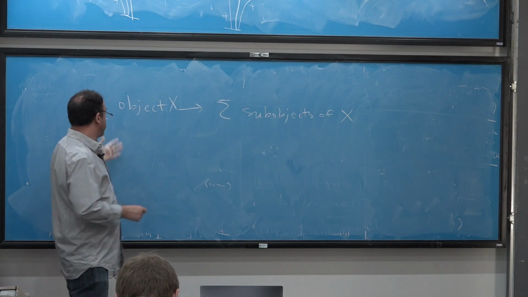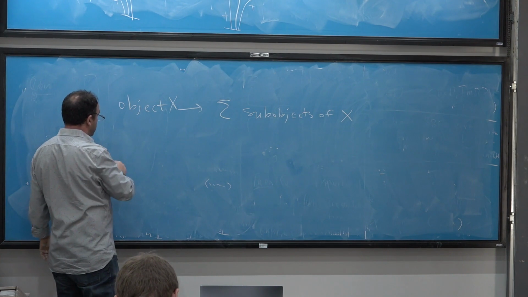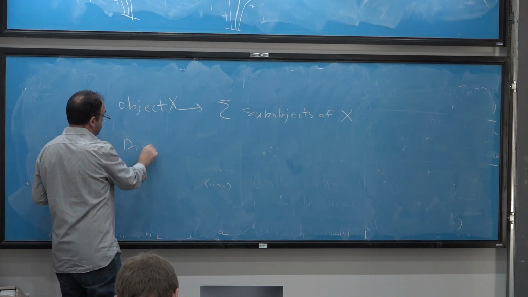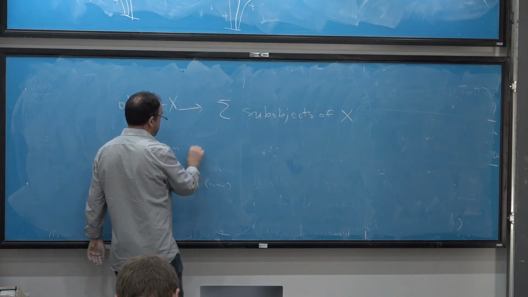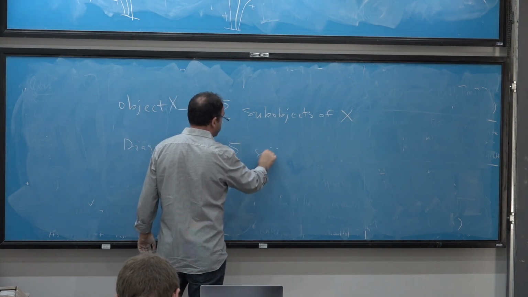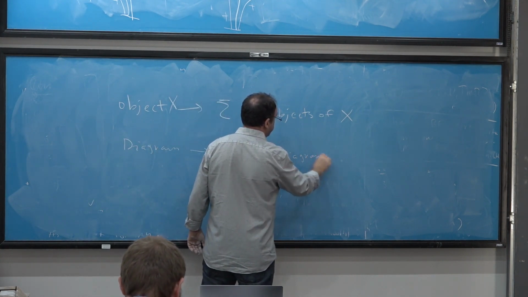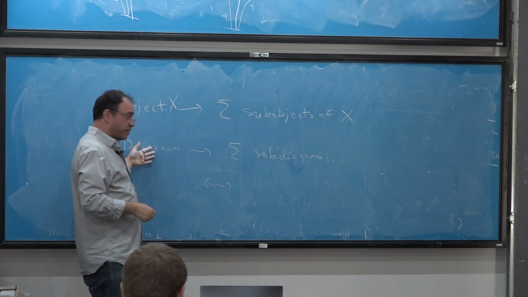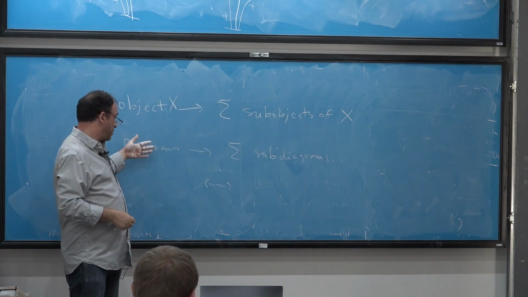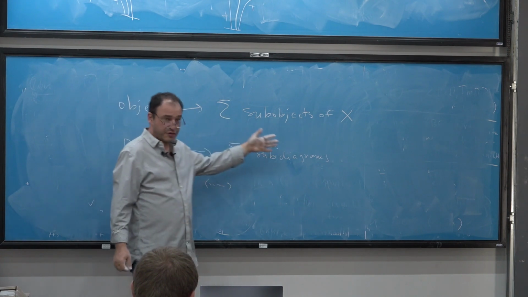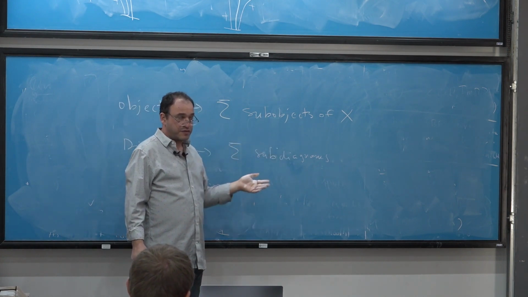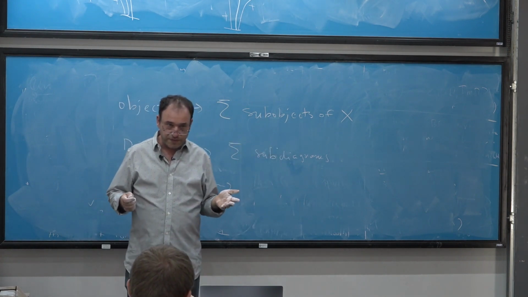So you take a diagram, and you send it to the sum of all the sub-diagrams. And of course, on this side you have some linearized Reidemeister moves.